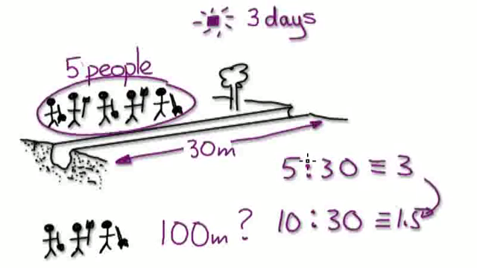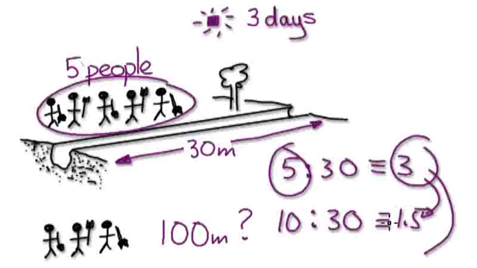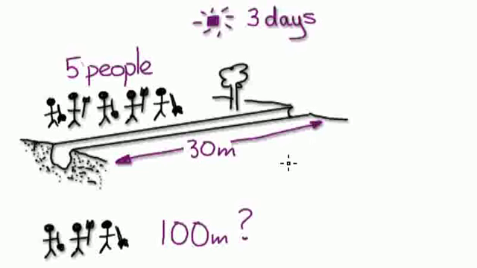So it's a strange relationship here, because normally if you double something, then something like this would double as well. But in this case, if you double the number of people, then you're actually halving the amount of time. Well, anyway, back to this. So 5, 30 in 3 days.